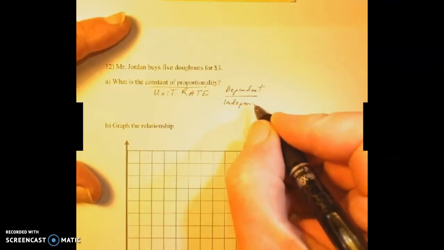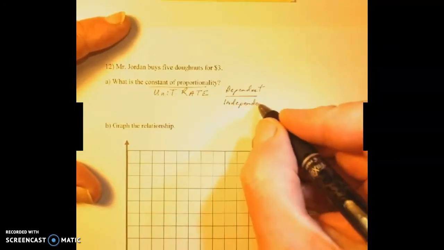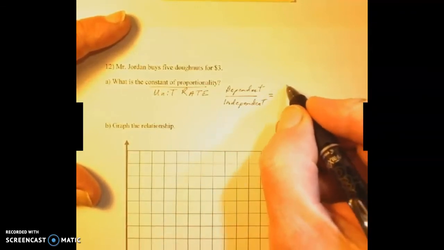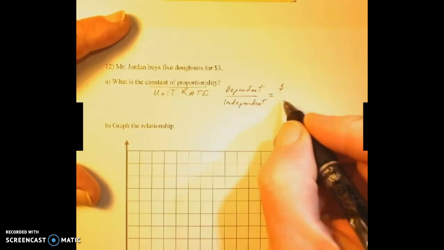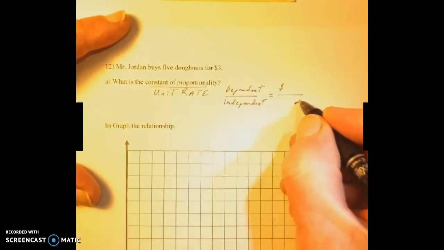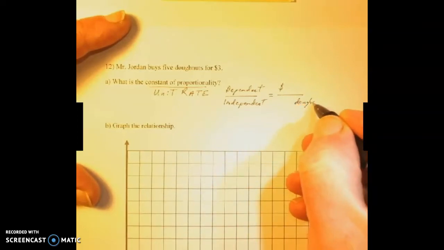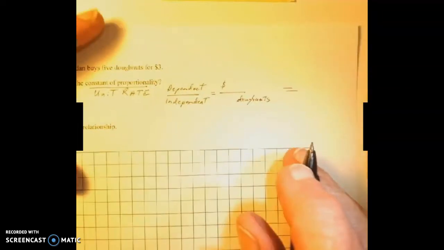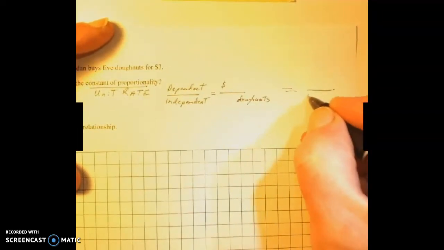And if we're dealing with money, money is normally the dependent variable. So we want to put the dollars over the donuts, because when we get our unit rate, we want to find out how much it costs for 1 donut.